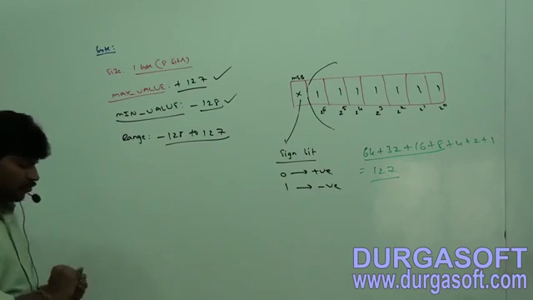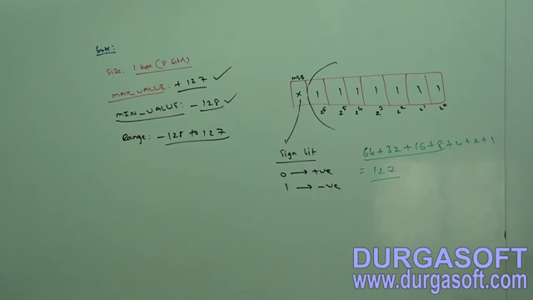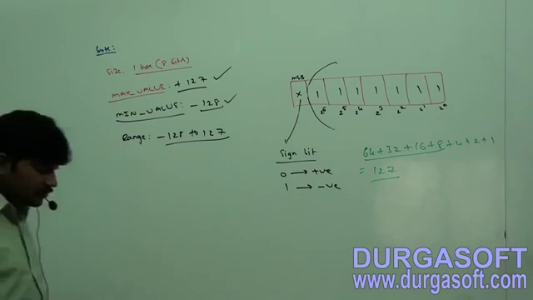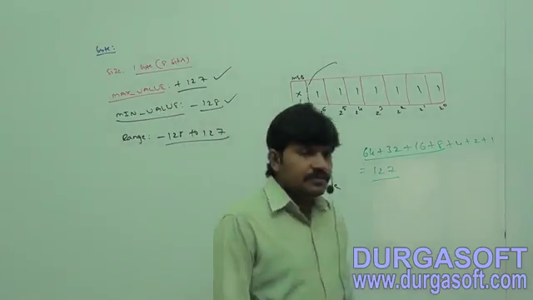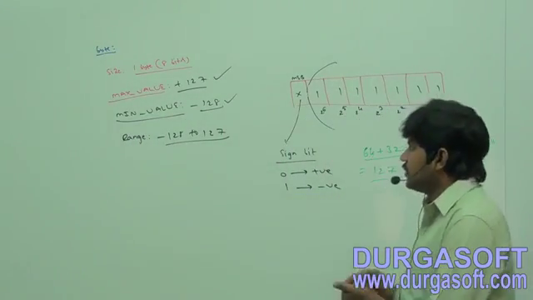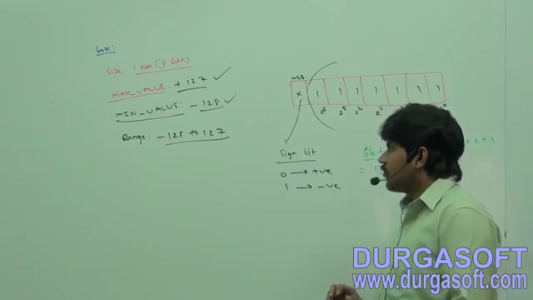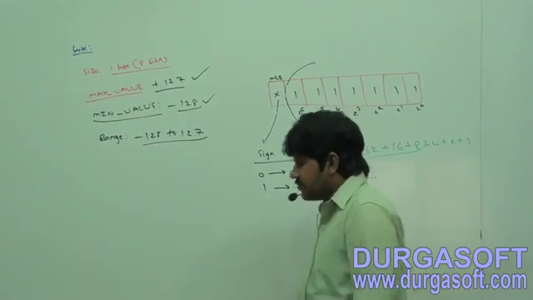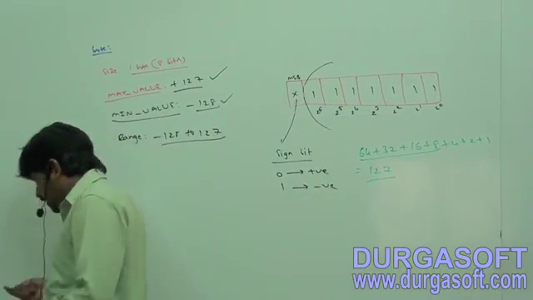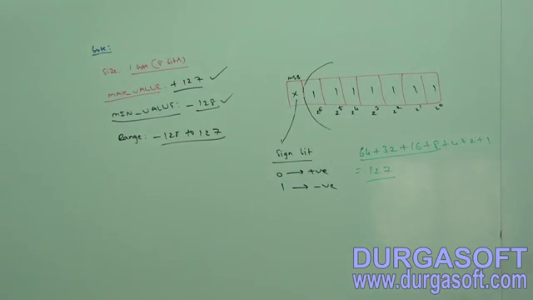Next, max value plus 127, min value minus 128, range minus 128 to plus 127.